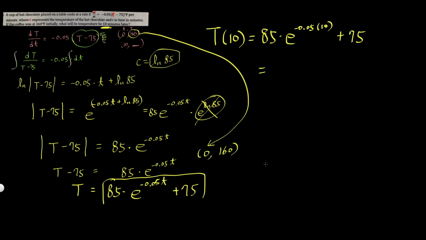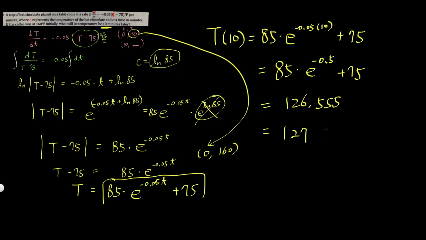So that's 85 times e to the negative 0.5 plus 75. Calculator time: it's going to be 126.555 and on and on. So I'm going to round it up to 127. Our unit was degrees Fahrenheit. So this is how you do it.